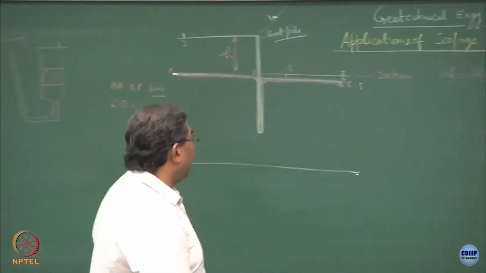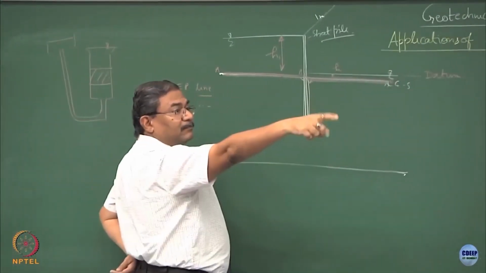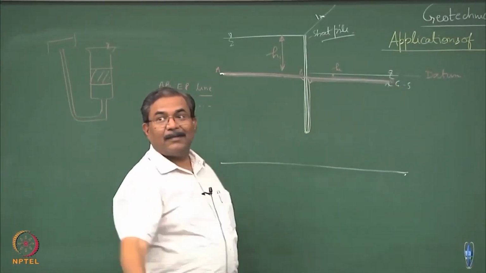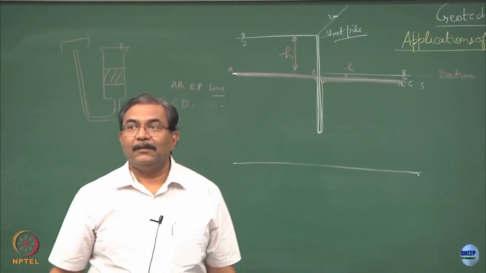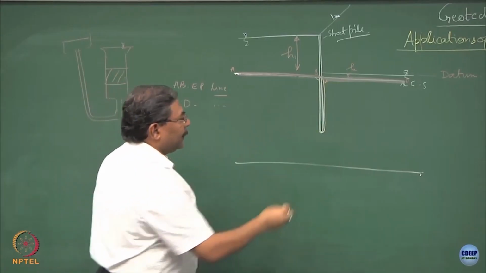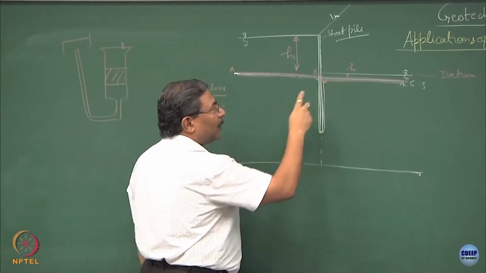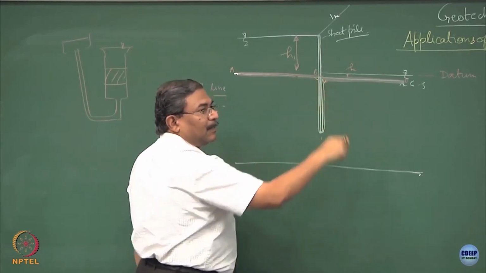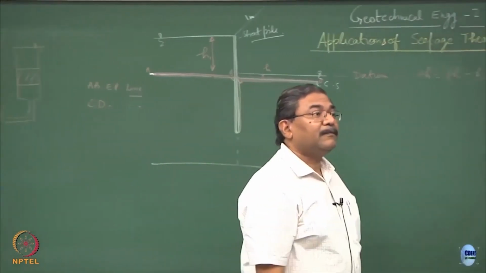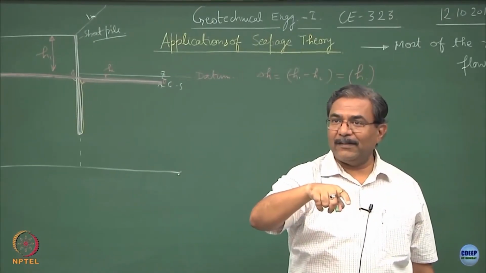Suppose I play with the length of the sheet pile, what am I going to achieve? Suppose I increase the length of the sheet pile, what is going to happen? You are elongating the path. Elongation of the path means gradient, very good. Why? What is i?